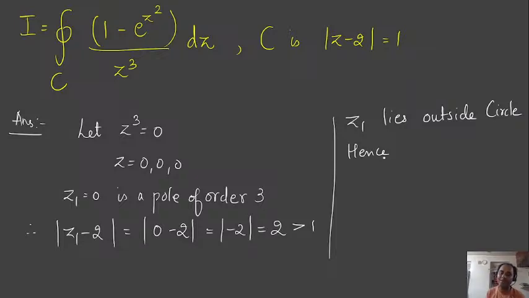So I is 0. Straightforward, nothing else. No Cauchy residue theorem needed. The Cauchy residue theorem strictly says that for all those points inside the circle, the answer is there. Residue outside, it's going to be 0, so the answer is 0.